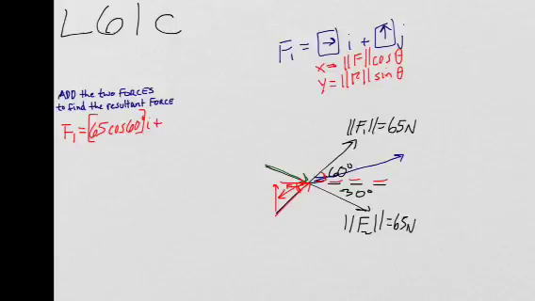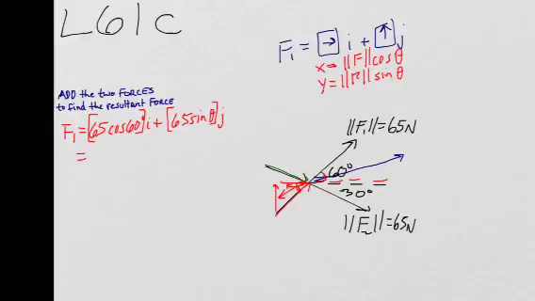So 65 times cosine of 60, that's some number. We'll figure it out. And then plus 65, the force, times the sine of theta, j. And again, that j is just going to stay there. And so those would be the two components. Let's go ahead and get our calculator out and try these.